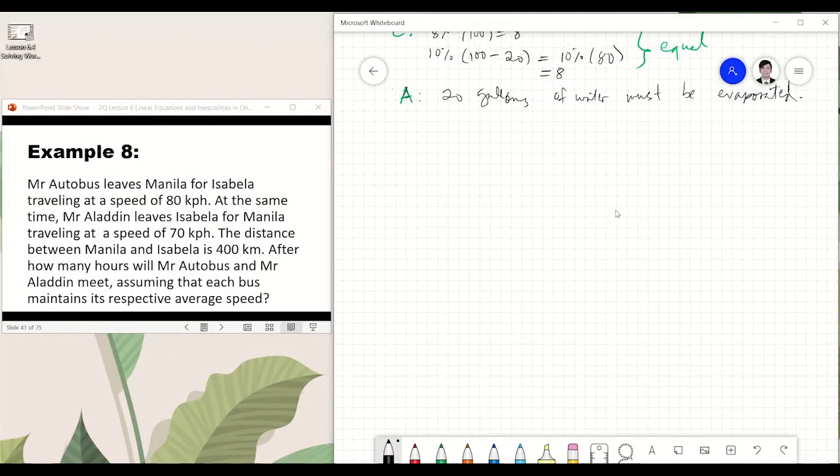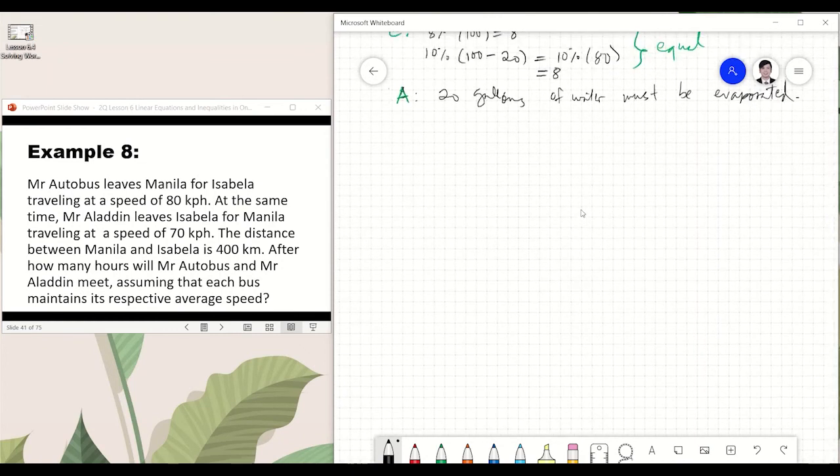So, to better understand, it would be best if we will have a diagram. So, example 8 na tayo. So, meron tayong diagram. So, pag inintindi natin siya, si Mr. Autobus, nasa Manila siya.